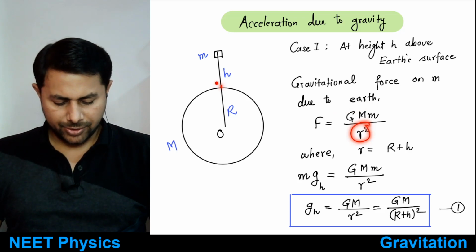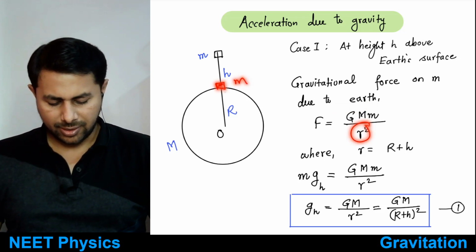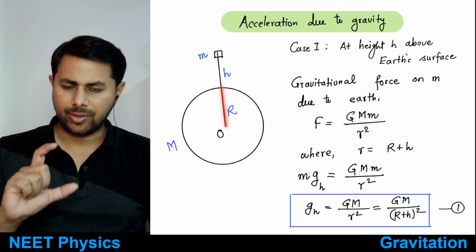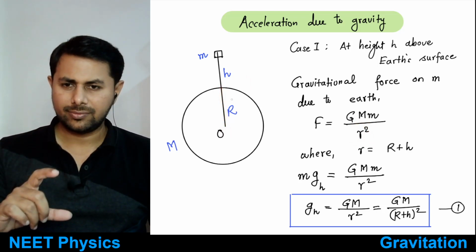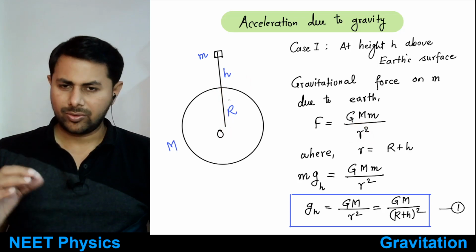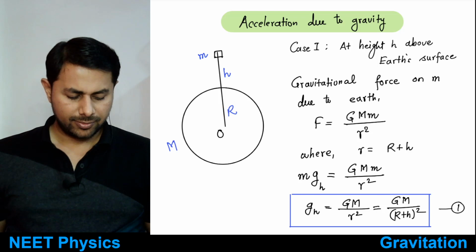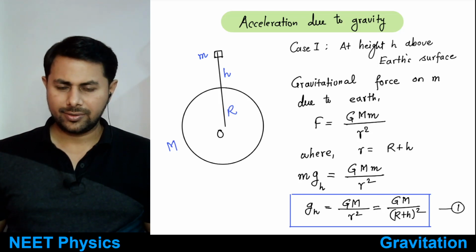So suppose this mass is m and it is on Earth's surface, then what will be its distance from Earth center? It is equal to R, the radius of Earth. Is this thing clear?